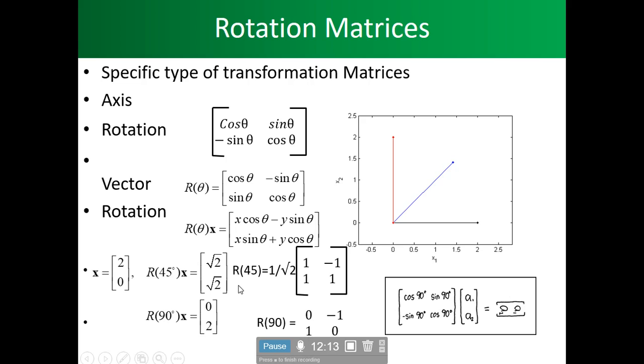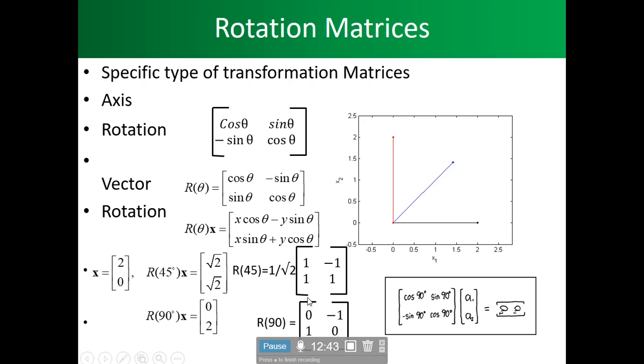What happens at 90 degrees? Okay, 90 degrees, we do the same thing. Right here at 90 degrees, we're able to plug in 90 degrees. We know the cosine of 90 degrees will be 0, each of the cosines.